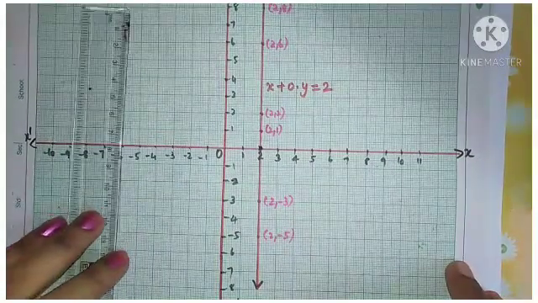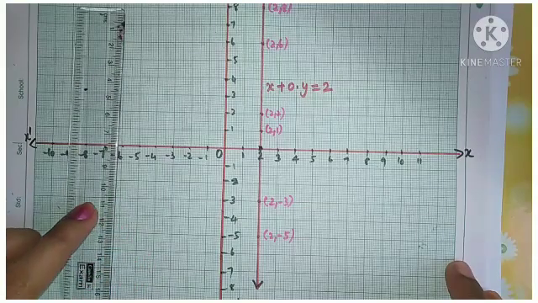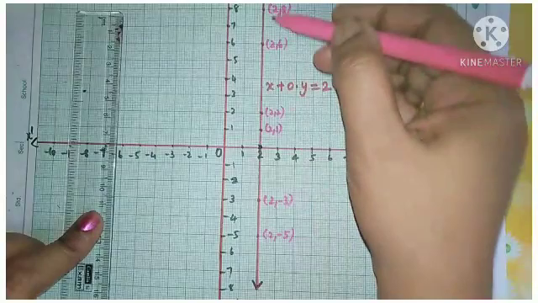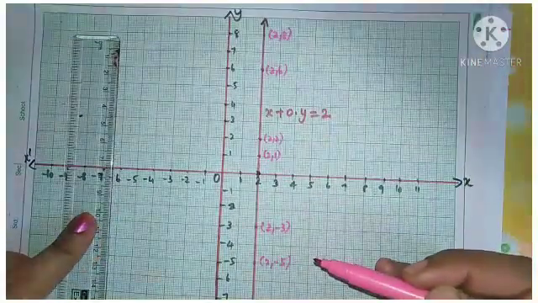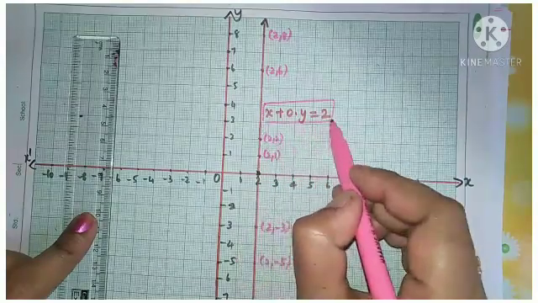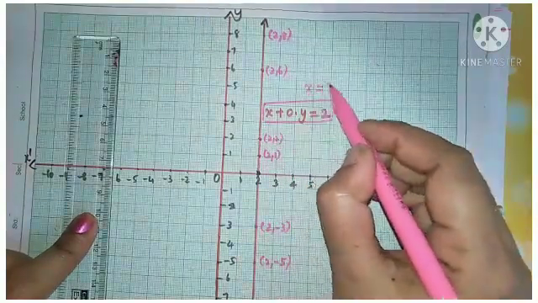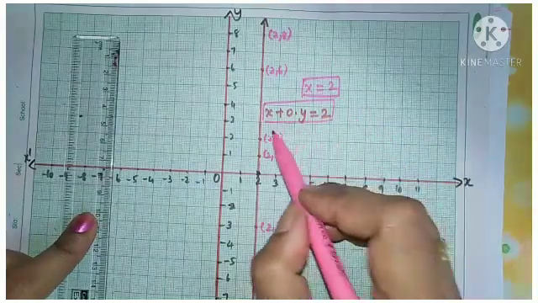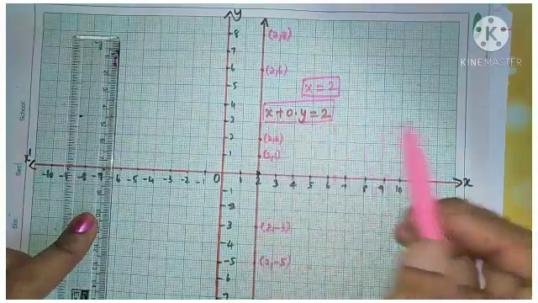Okay, so if you are asked to draw two variables for geometrical representation, you want to draw the graph like this. So this is the graph of x plus 0 into y equal to 2, or you can write x is equal to 2. But since we are writing in two variables, you write x plus 0 into y equal to 2.